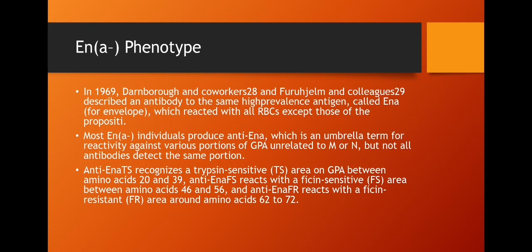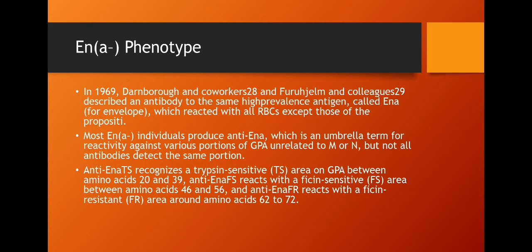Most En(a-) individuals produce anti-En(a), which is an umbrella term for reactivity against various portions of GPA, unrelated to M or N, but not all antibodies detect the same portion.